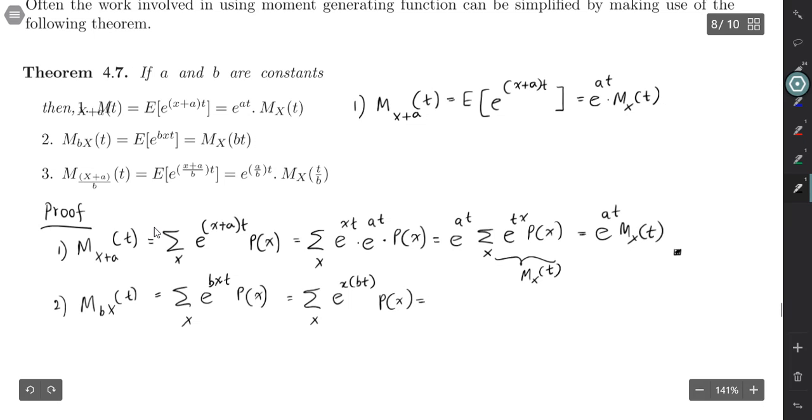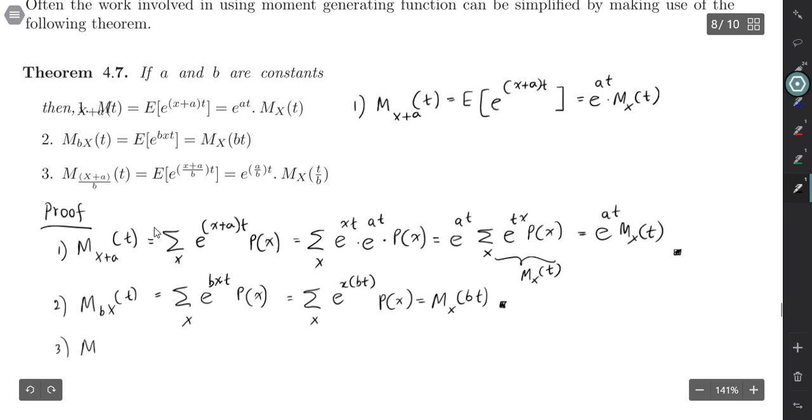So instead of t, now you have bt. It is like another t, let's say t prime. So this is simply M_X of bt, just rearranging the terms. Remember, t is not a random variable, so you can multiply it by a constant.